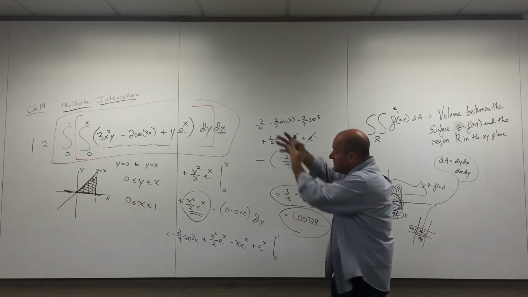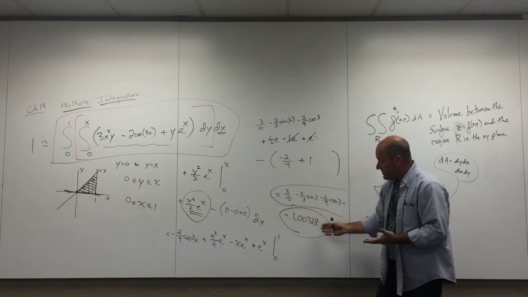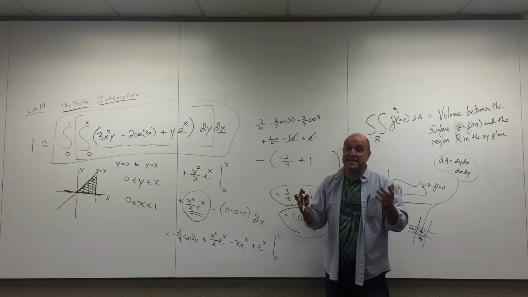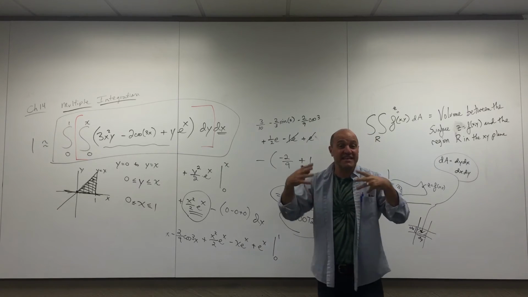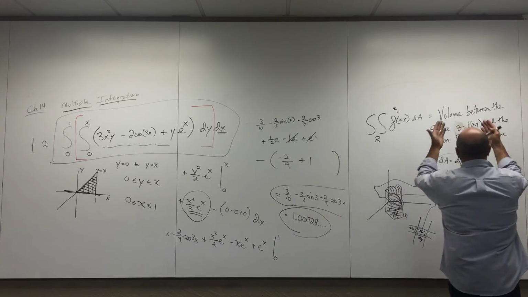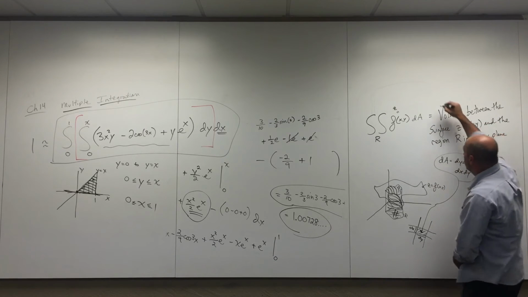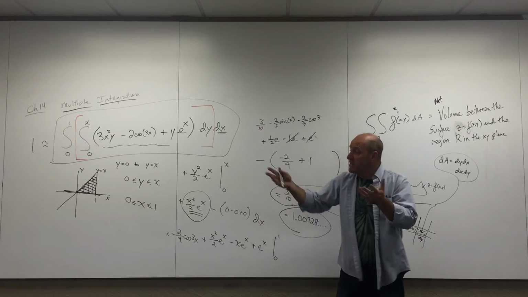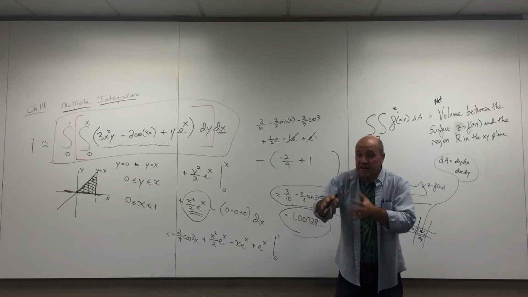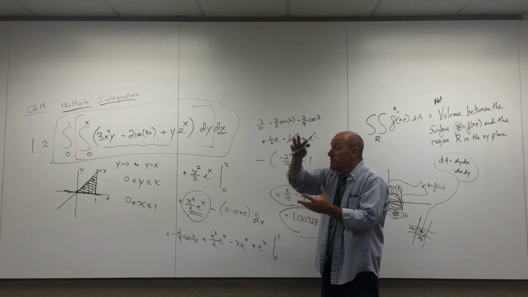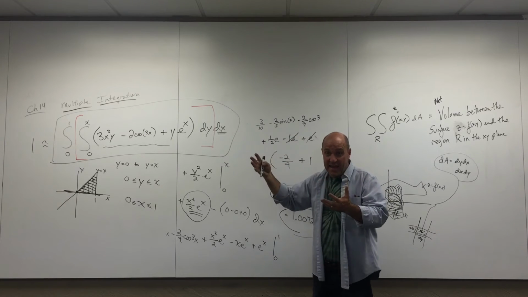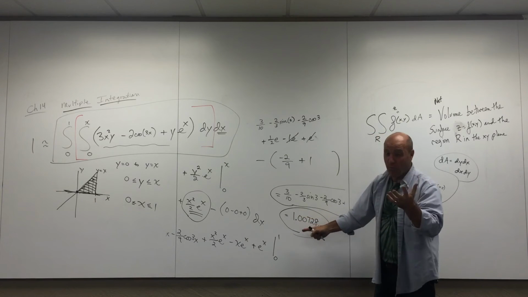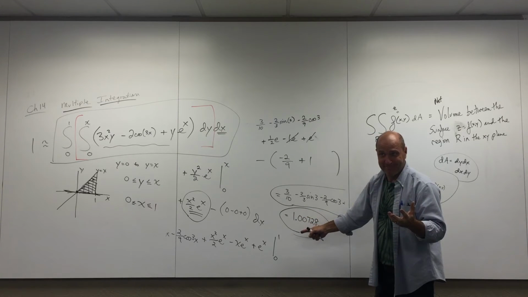What I got out of this crazy problem was a positive answer. But that doesn't mean the whole entire surface was above. Maybe I should call this the net volume. I called it the volume between the surface, but maybe I should call it the net volume. Because maybe some of this surface was below the xy plane and some of this volume was negative, some of this volume was positive. In the end, positive, by an amount of roughly 1. If that makes any sense.